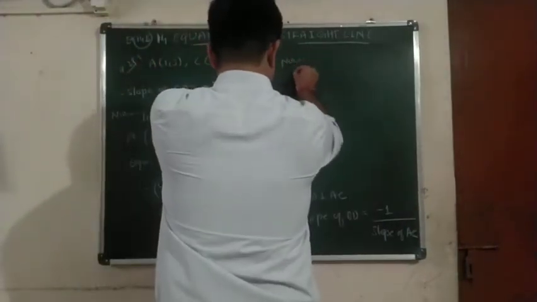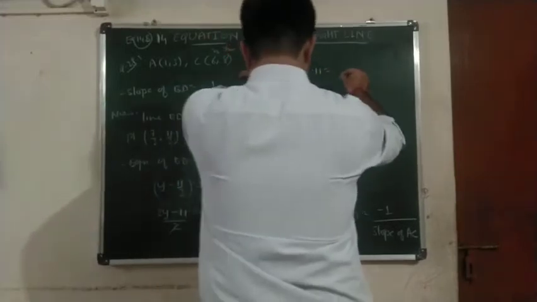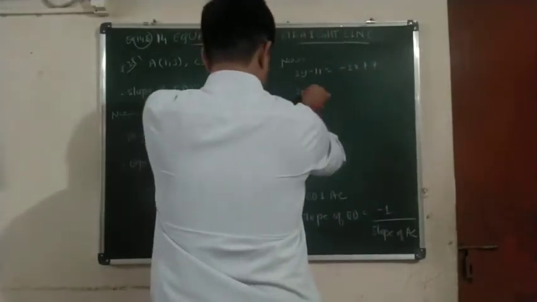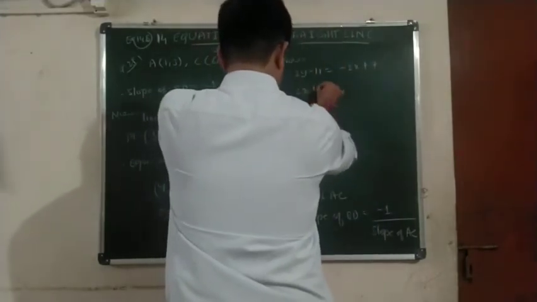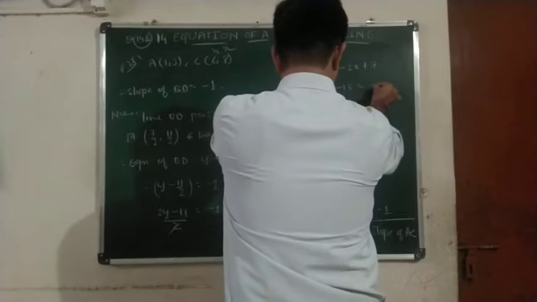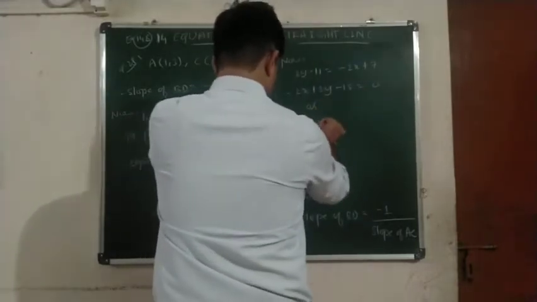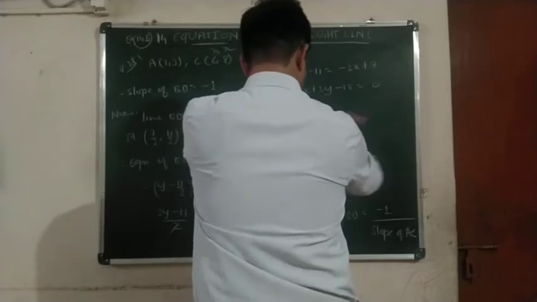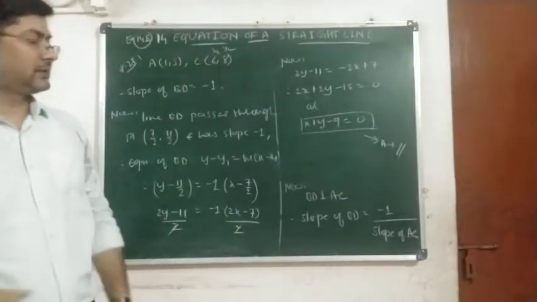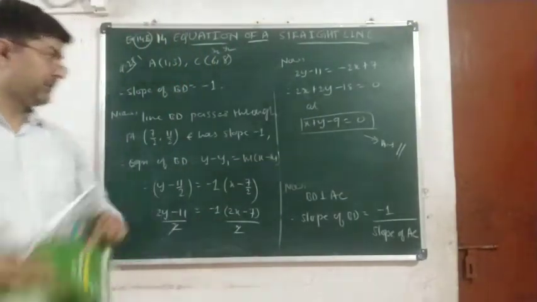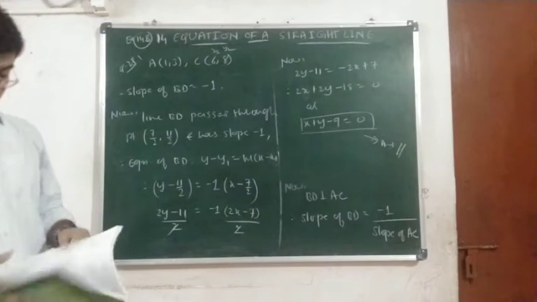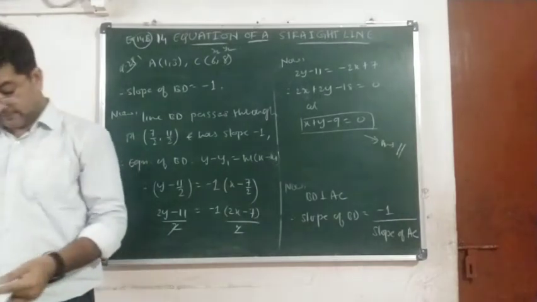Now 2y minus 11 is equal to minus 2x plus 7, and therefore 2x plus 2y minus 11 minus 7, which is minus 18, is equal to 0, or x plus y minus 9 equals 0. This is the required answer, the equation of BD. We got x plus y minus 9. So question number 25 is also done.